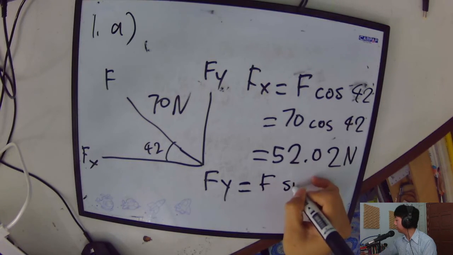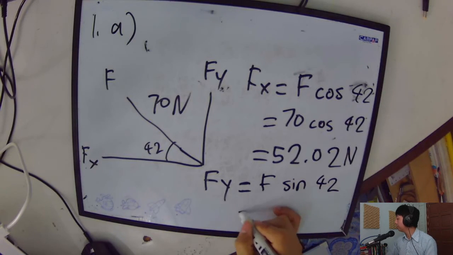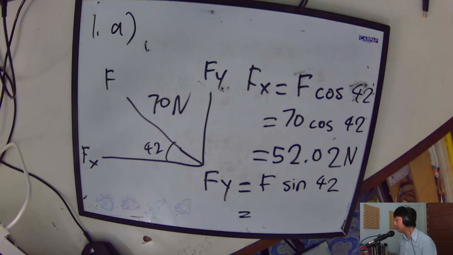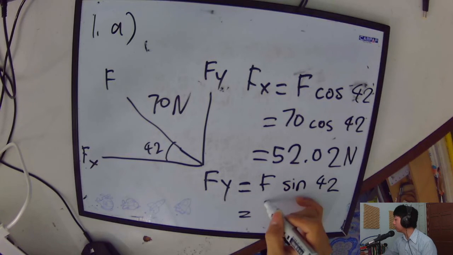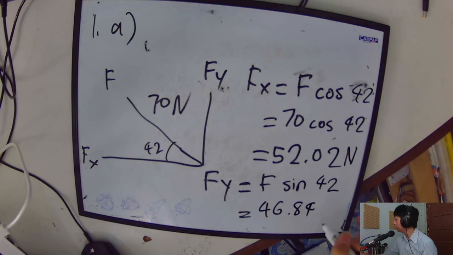F sin 42, and so 70 sin 42. So 70 sin 42, 46.84 newtons. Everyone got the same answer for that one as well?